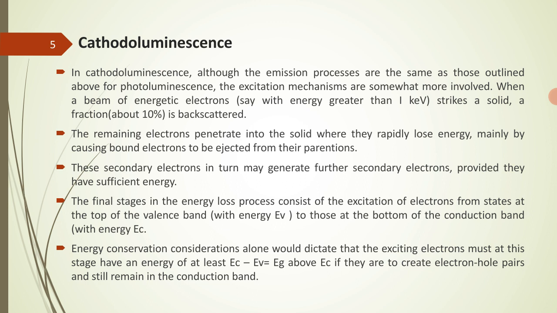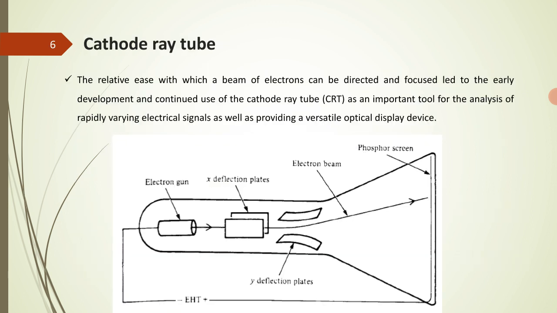The final stage in the energy losses consists of an excitation of electrons from a state at the top of the valence band to those at the bottom of the conduction band. Here cathodoluminance is explained with the help of the cathode ray tube.